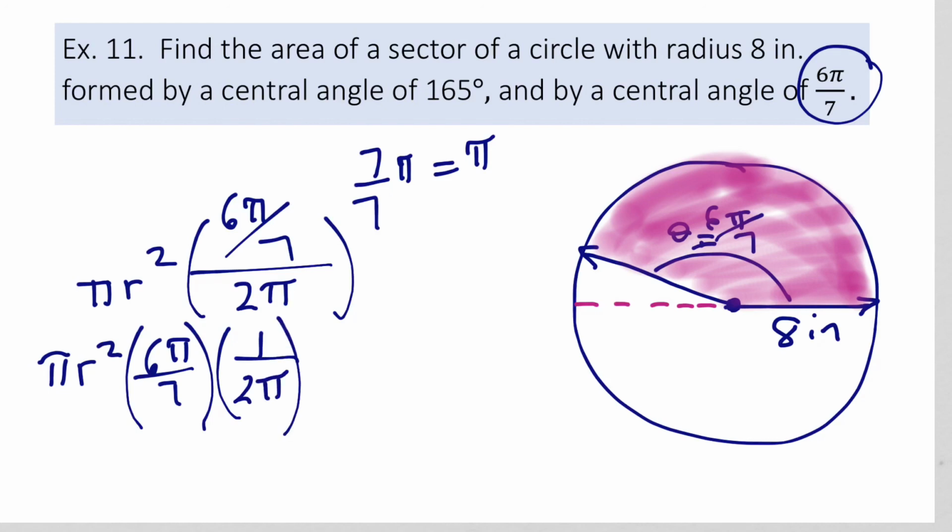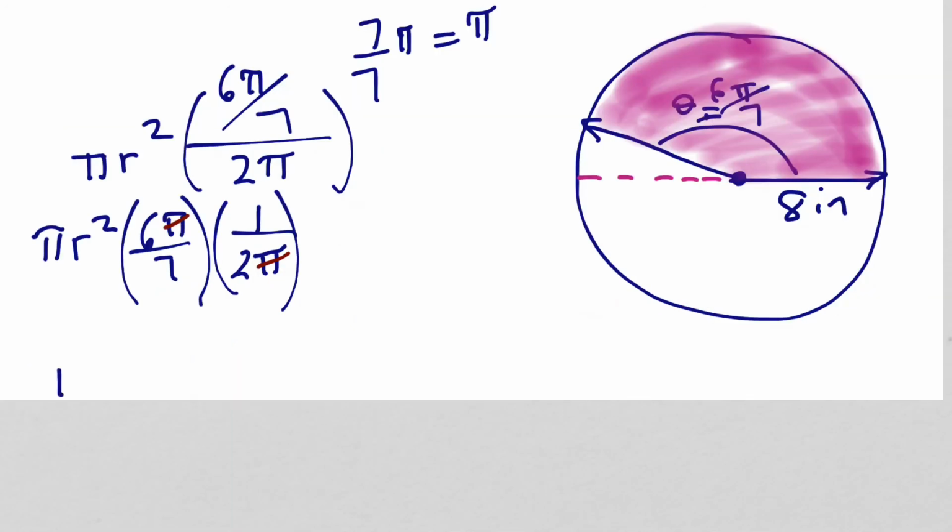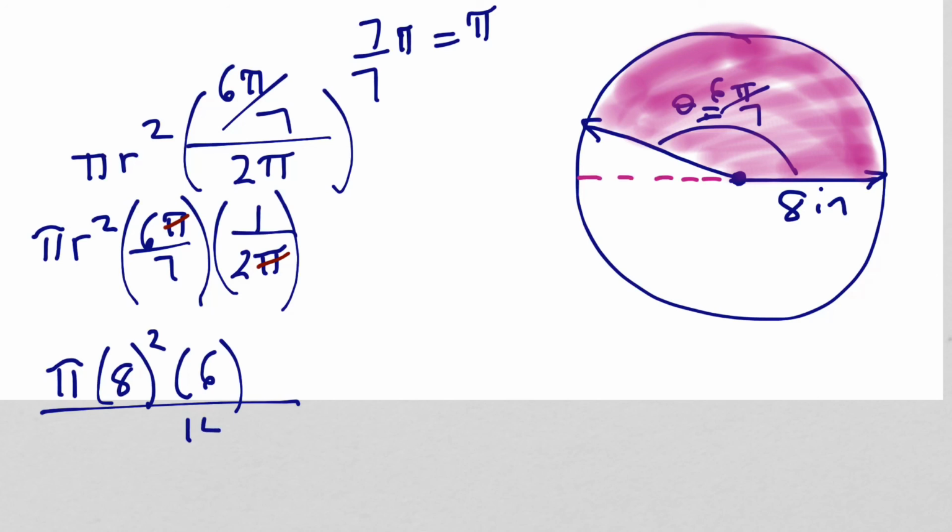So we can cancel some pi's out here, like this. All right, so I've got pi r squared, where r is 8. So that's pi times 8 squared times 6 over 7 times 2. Let's just say that's 14.